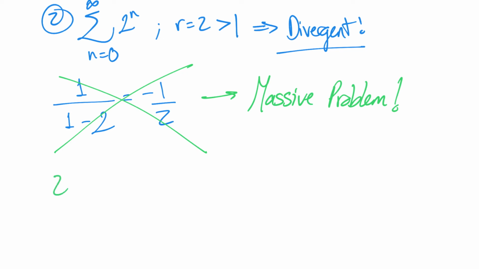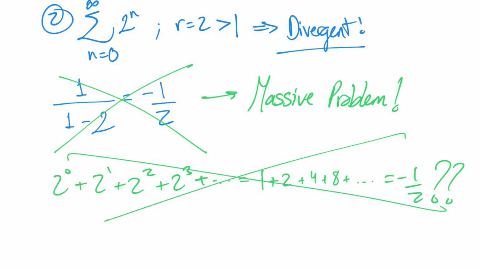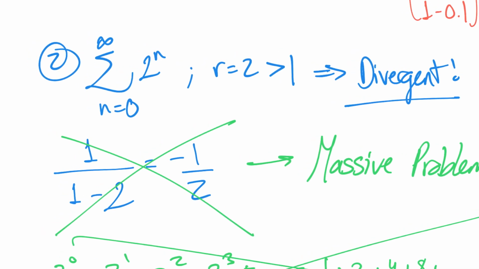We have 2 to the power of 0, plus 2 to the power of 1, plus 2 to the power of 2, which is the same as 1, plus 2, plus 4, plus 8. And then we're saying that all of this is equal to negative 1 over 2. Absolutely not.